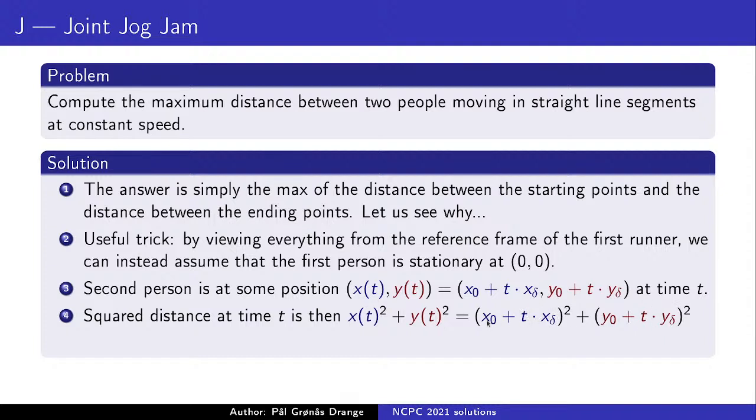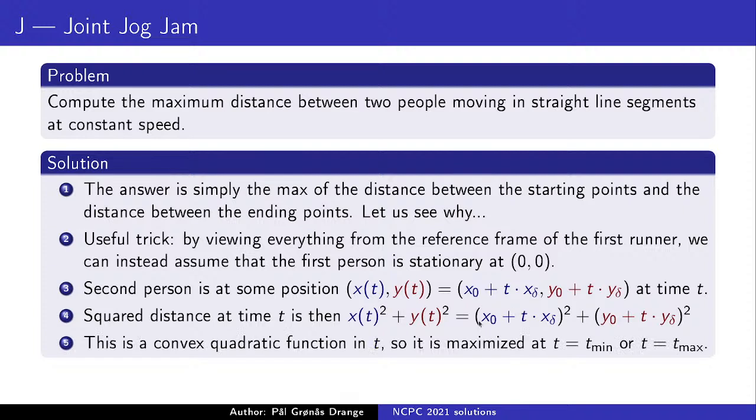And if you look at this as a function of t, it's a convex quadratic function in t, which means that it's maximized either at the minimum possible time value or the maximum possible time value. In other words, at the start or at the end. So if you plot this function as a function of t, it's going to look like a parabola, and its maximum value is at one of the two endpoints.